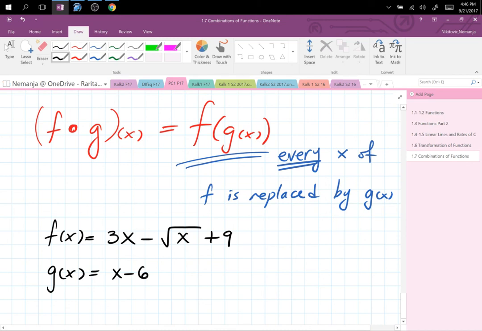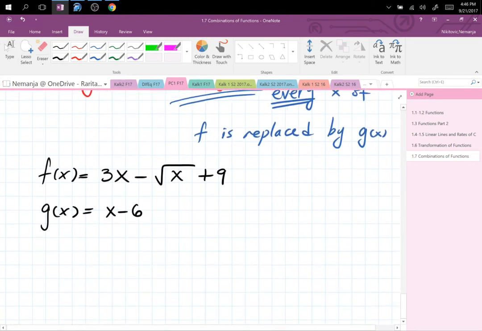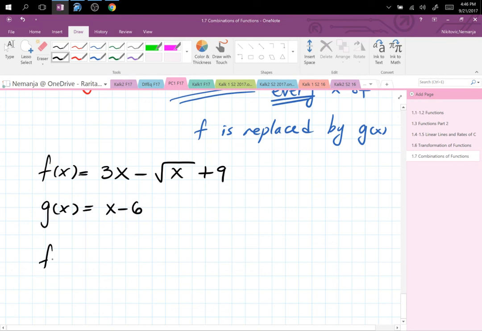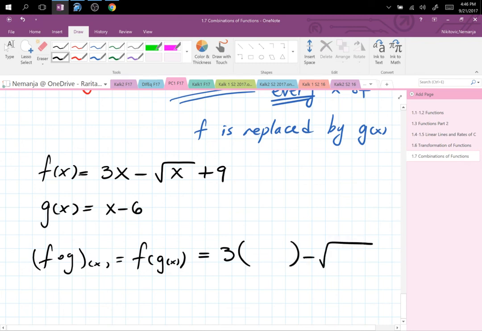To get function composition, f composed with g, which is also f of g of x, you are going to write the skeleton of f and then plug g for every x you had before.